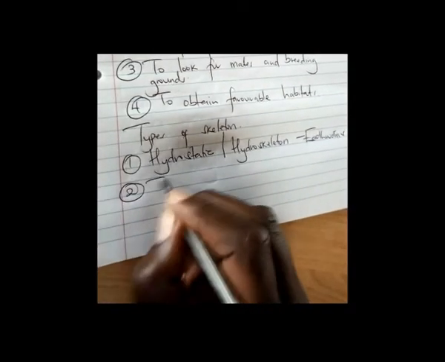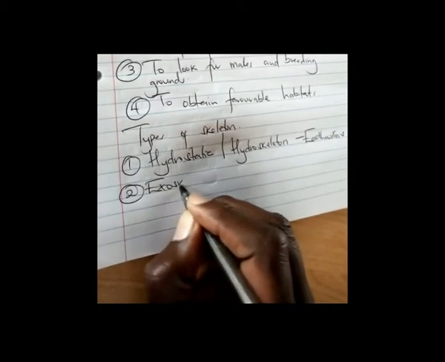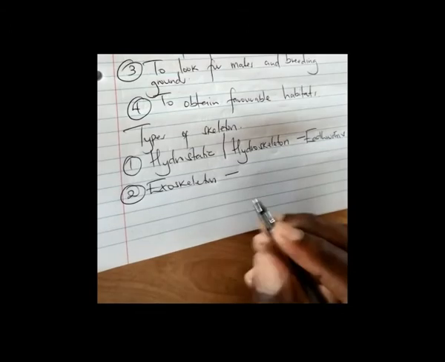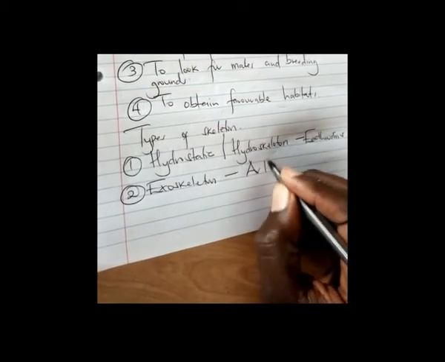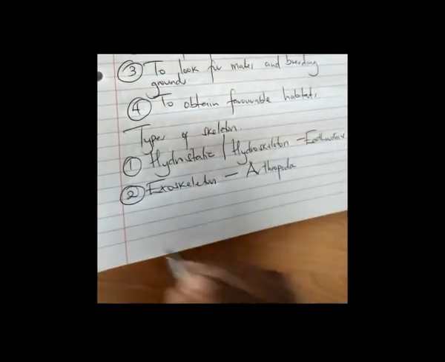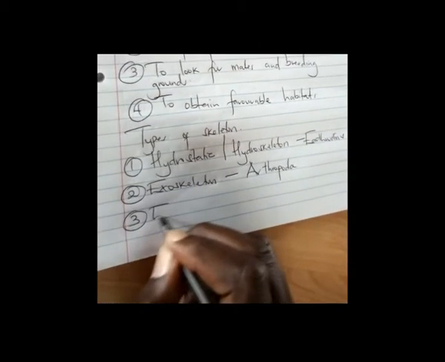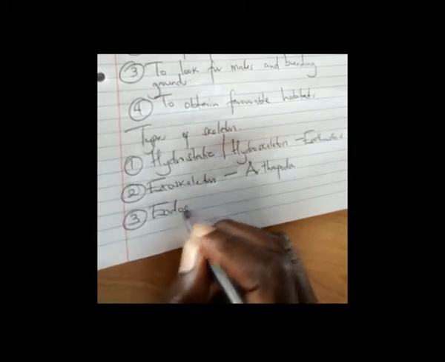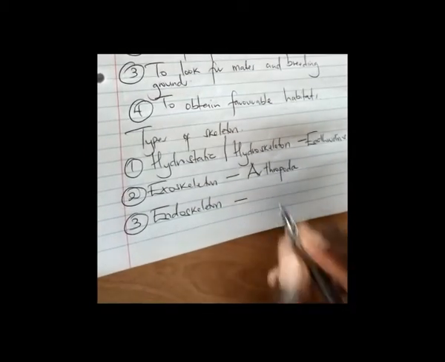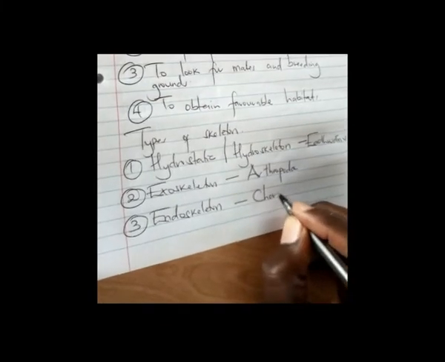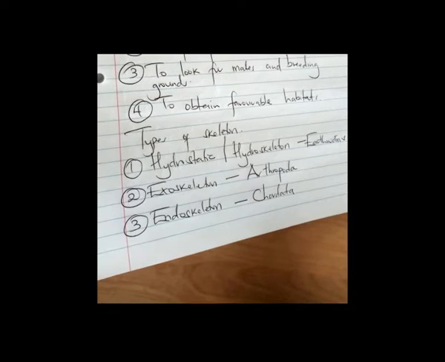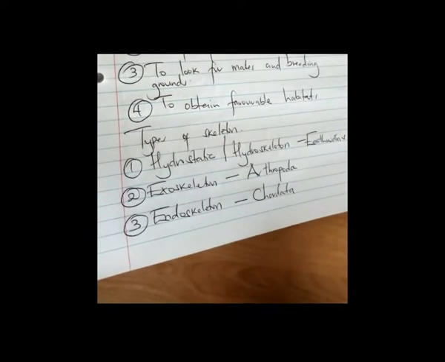Number two, we have exoskeleton. This type of skeleton is found in phylum Arthropoda. Number three, we have endoskeleton. This type of skeleton is found in phylum Chordata. Those are the three types of skeleton.